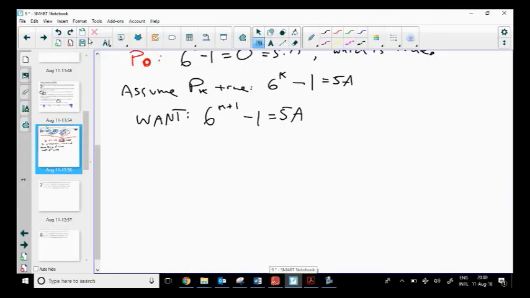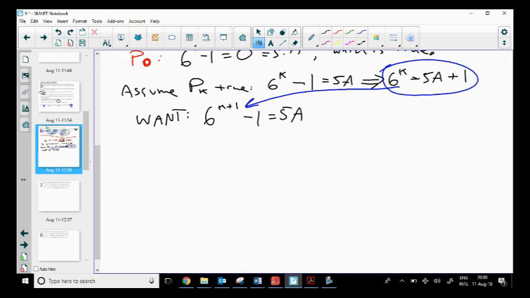Okay, so the way I'm going to do this is I'm actually going to rewrite this statement here, because that means that 6 to the k has to be equal to 5a plus 1. And this is what's called the inductive step. So I'm going to take this fact and I'm going to shove it into something with k plus 1 to make this be true. So check this out. I might ask myself, what is 6 to the k plus 1?